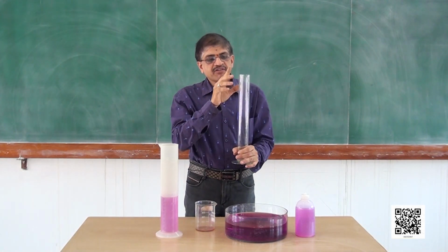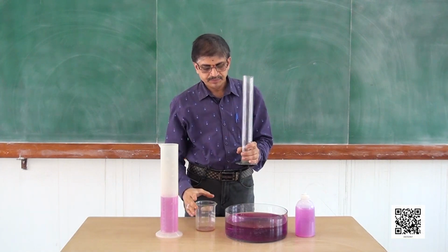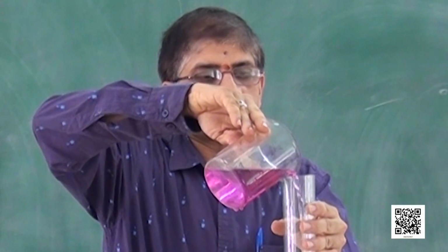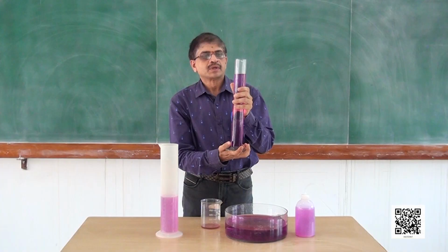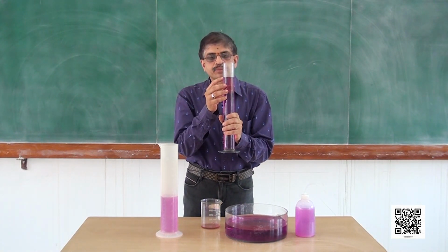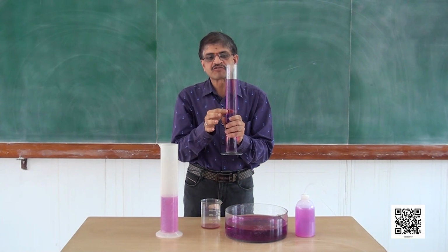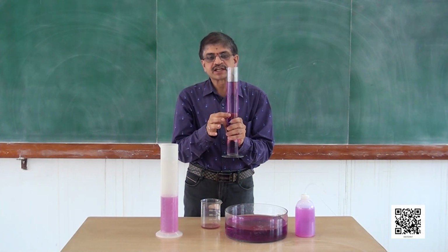Once again, I will fill this 500 milliliters cylinder with water. Children, once again observe carefully. Water level reached up to 500 milliliters. We have taken 500 milliliters of water into this measuring cylinder.